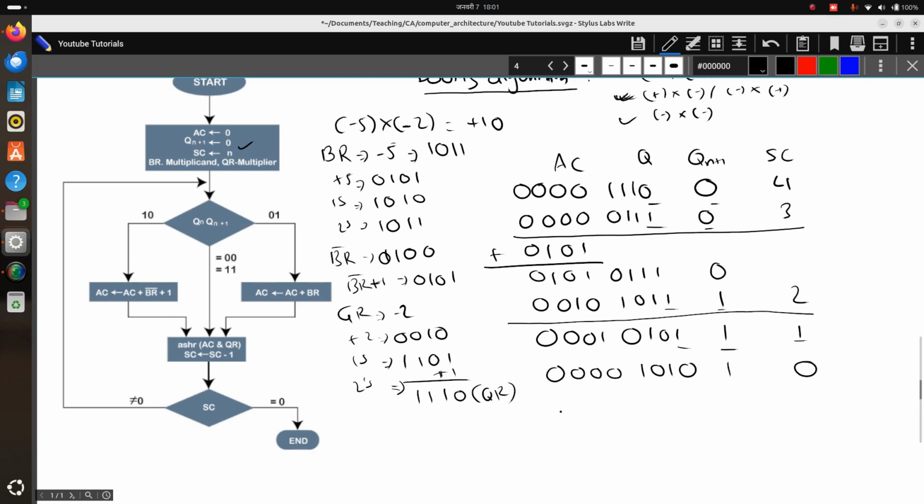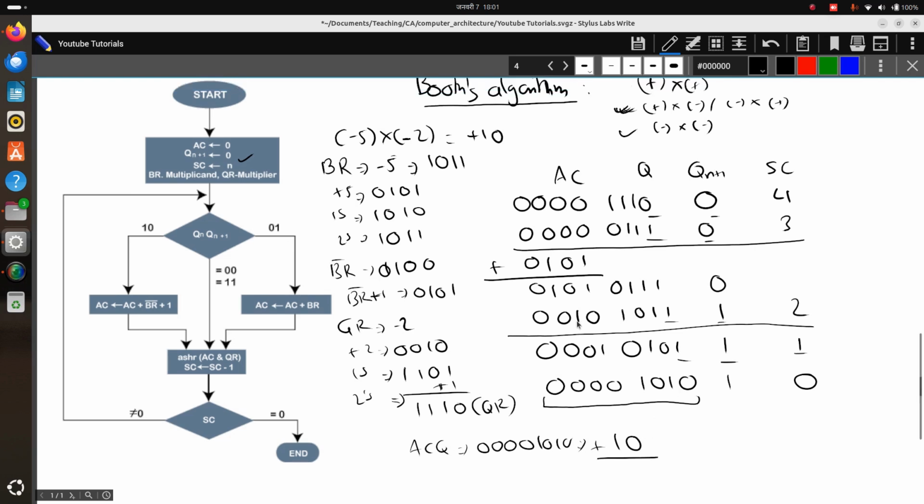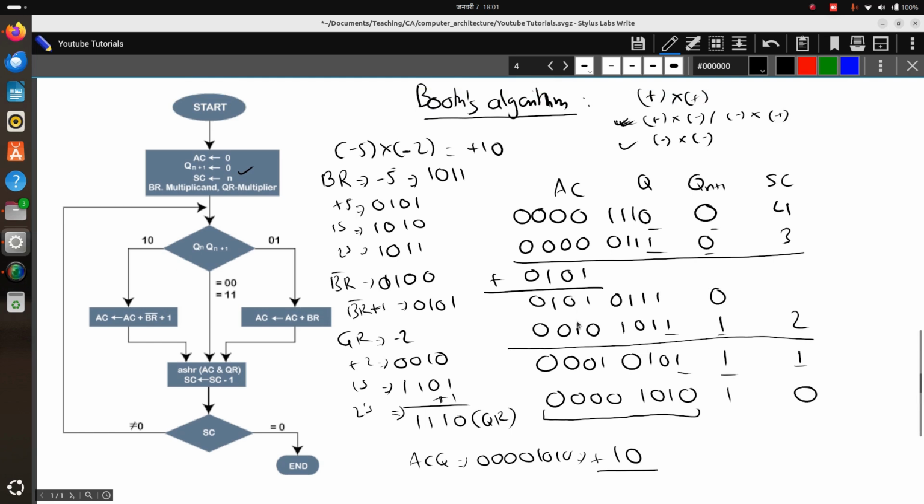Now the step counter is 0. Finally we reach the end of our process. We take the combination of AC and Q. Now the combination is 0, 0, 0, 0, 1, 0, 1, 0, and then the result is 10, which is a positive 10. So this is how we perform multiplication operation using Booth's algorithm.